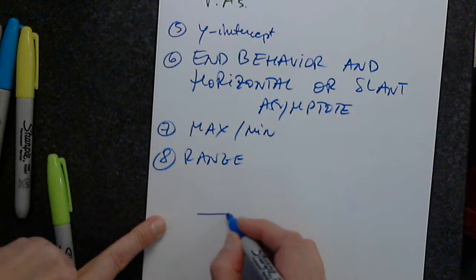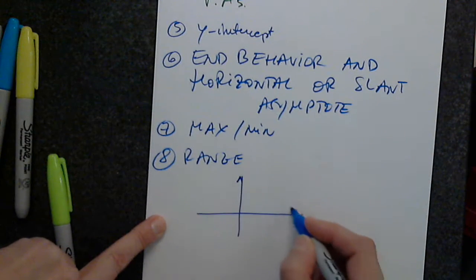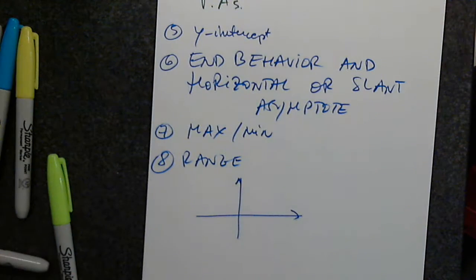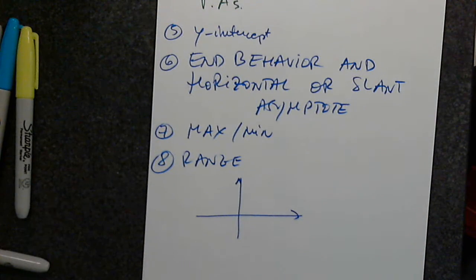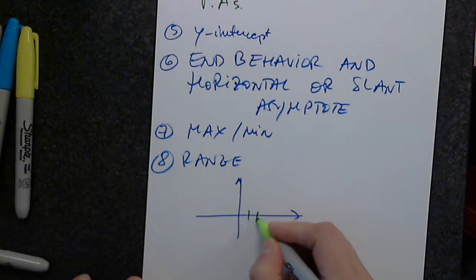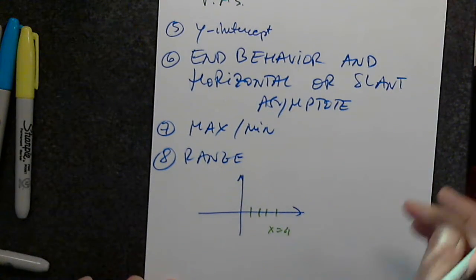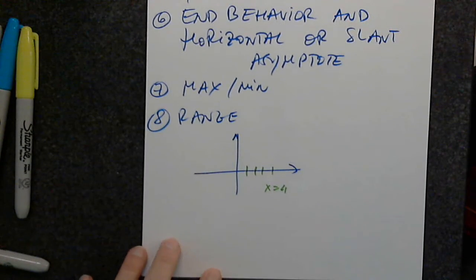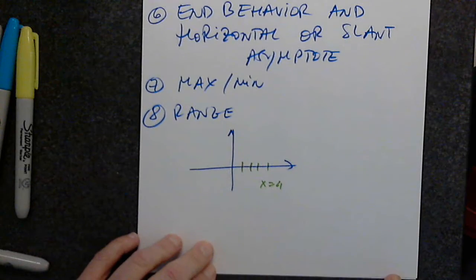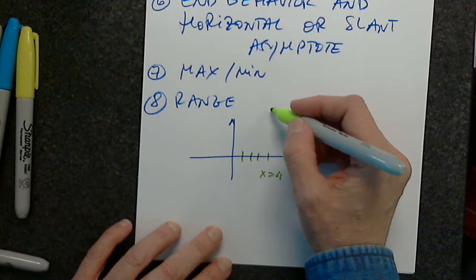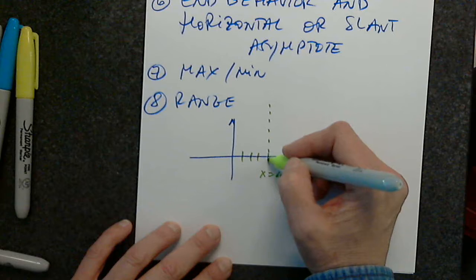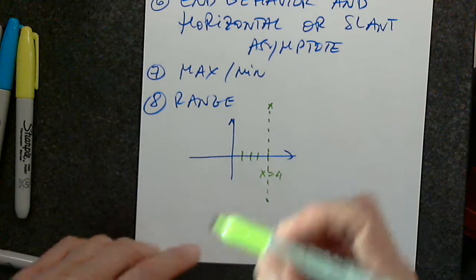Now, let's take a look at a situation in which a function does not exist, let's say at x equals 4. At x equals 4, the function does not exist. It's not defined. I cannot plug in 4. And if it's a rational function, here's what is going to happen.